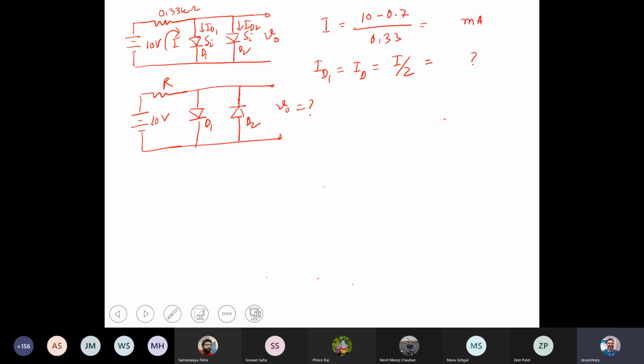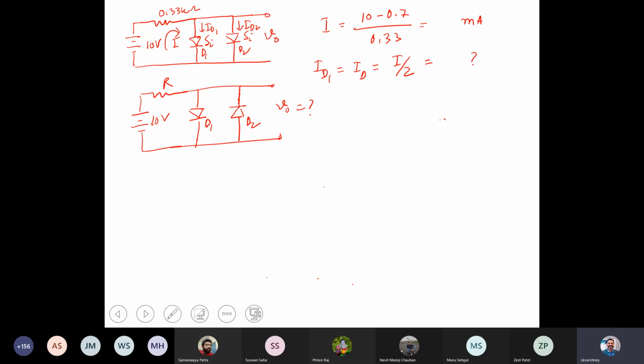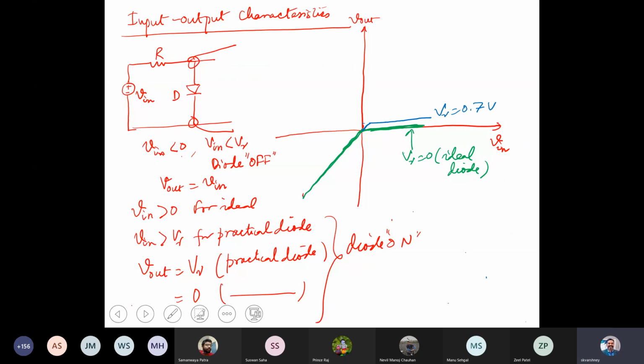So whenever you measure the output across a resistor, you do something like this exercise. When we go for rectification, you always measure across a load, meaning some resistance value.